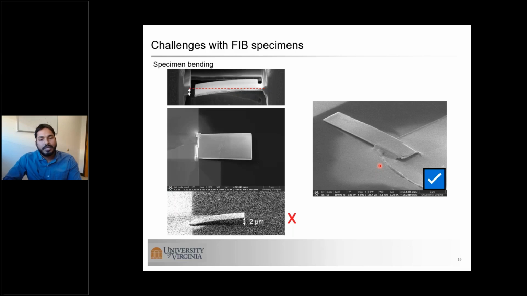Now, the preparation and the placement of the FIB lamella on each chip is also important, and the people preparing FIB lamella would definitely agree with that: when you prepare a bigger sample, or even a normal sample, there's a possibility of bending. And if our sample doesn't look nice like this, and if it is bent, then you have issues with focusing the entire sample.